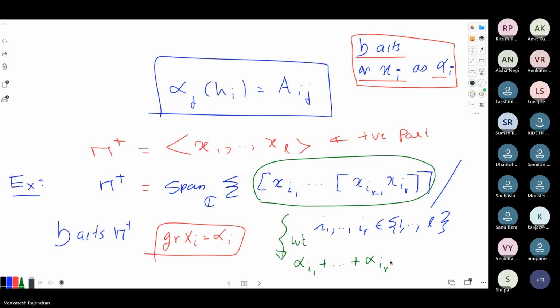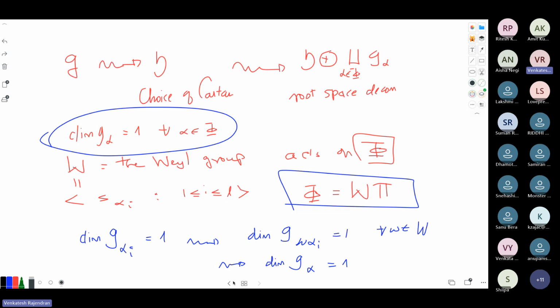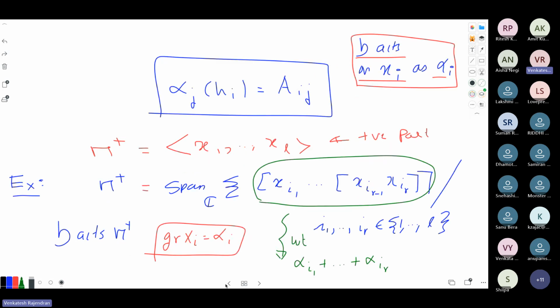Okay. Now if you go back, you can see that the only way you can get alpha i from this expression is when r is 1. That means the alpha i-th graded root space will have dimension 1. So that is immediate.